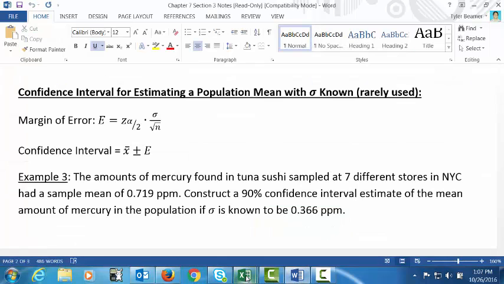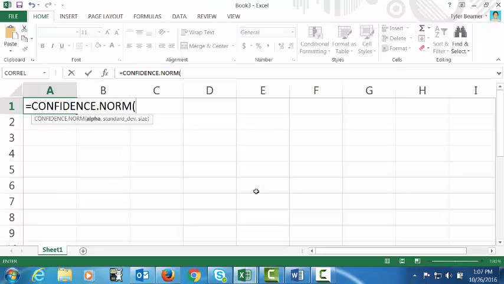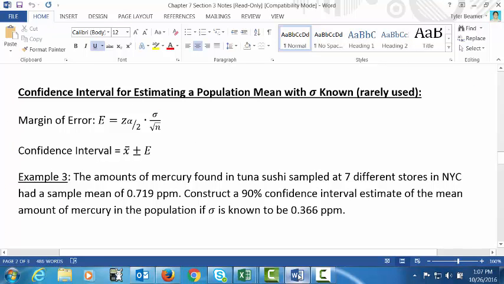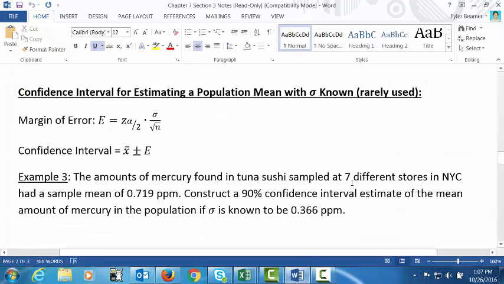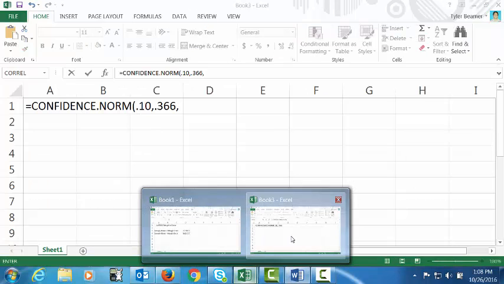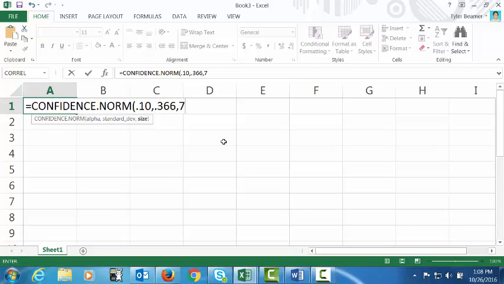So our alpha level is still 0.10 for this case, since we have a 90% confidence interval. Standard deviation is 0.366. And n is the size, once again, which in this case is 7, since 7 stores were sampled.